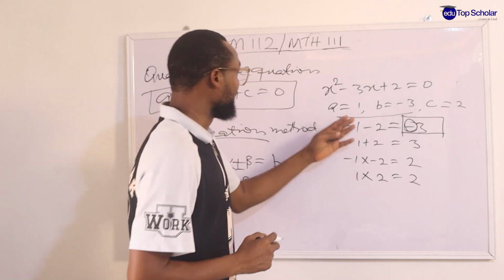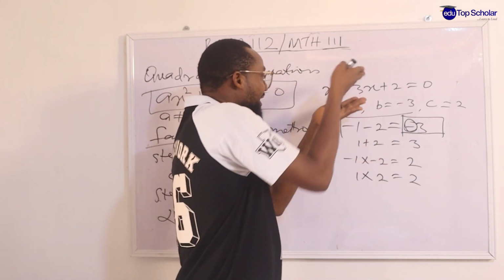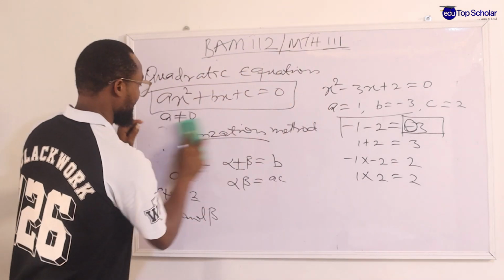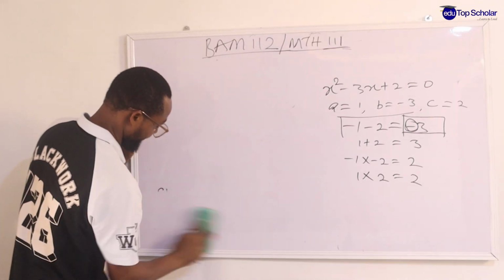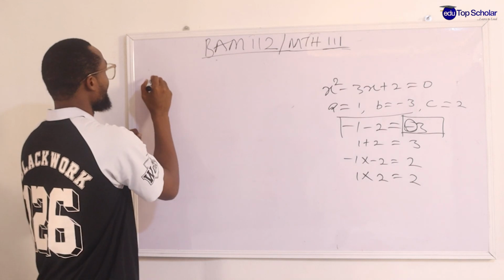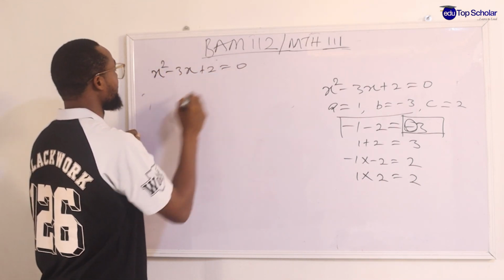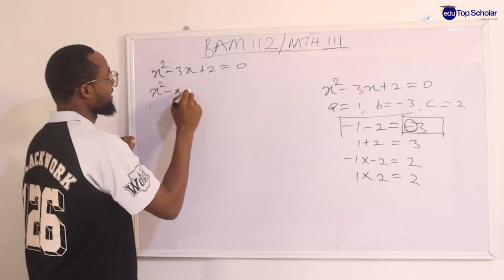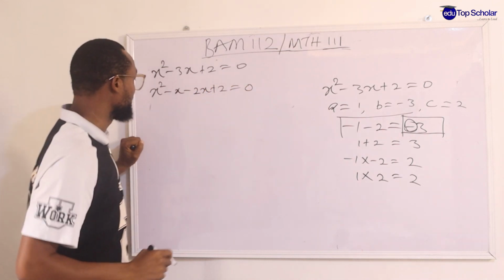So, after we have taken this step, what is the next? We substitute all of this back into the given example. Therefore, the solution to this example, x squared minus 3x plus 2 equals 0, implies that we now have x squared minus x minus 2x plus 2 equals 0.